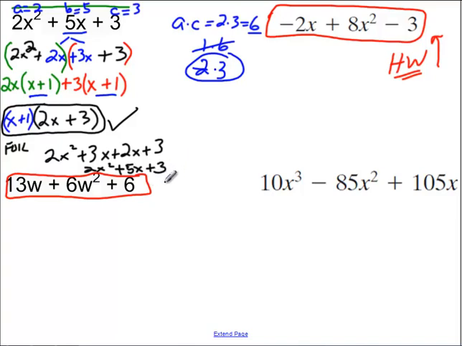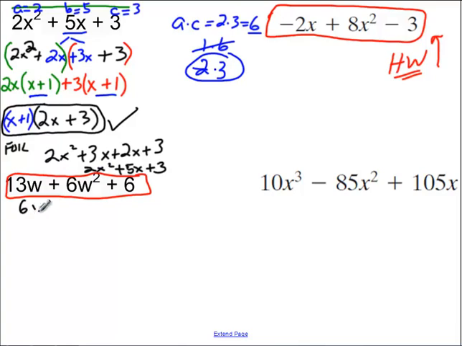So step number 1 was write it in descending order, factor out a -1, and then factor out a greatest common factor as well. For this one, we're going to have to rewrite in terms of ax squared plus bx plus c because it's not in that descending order yet. Our squared term needs to come first.